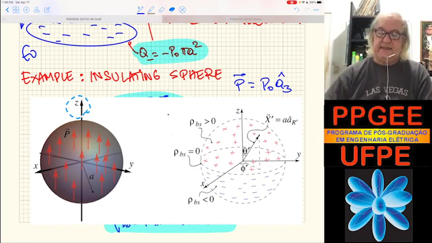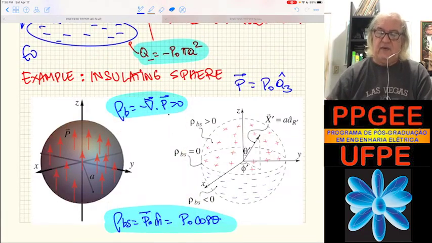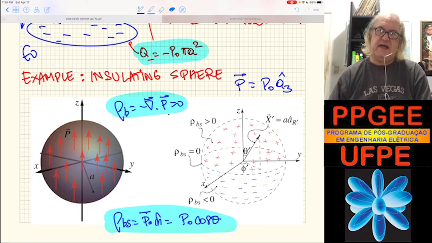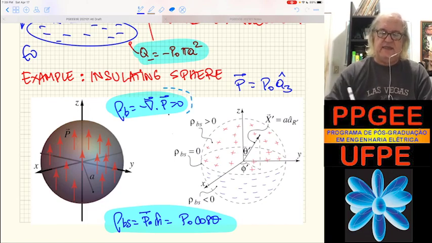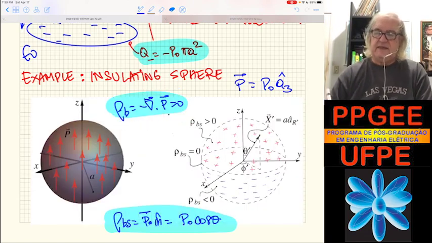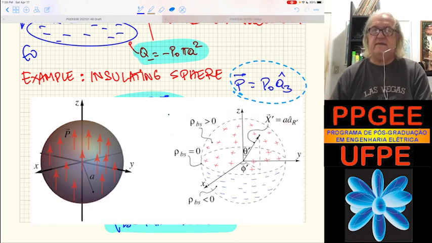We see that in this example again, we don't have volume polarization charge in the volume, right? Because P is constant. So this is 0. So we have only surface polarization charges, right?